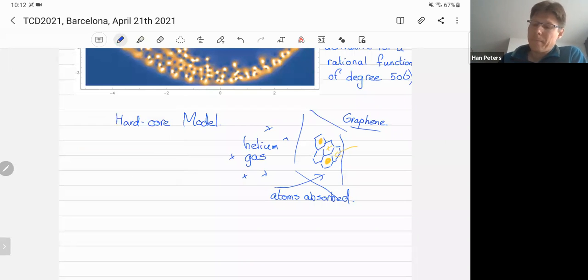Another question that you could ask is, can you actually compute this probability that a given hole is filled with a helium atom? And it turns out the answer is no. No, you cannot. For a large lattice, you cannot actually compute it. It's too difficult. Then you could ask, well, can we approximate it well?